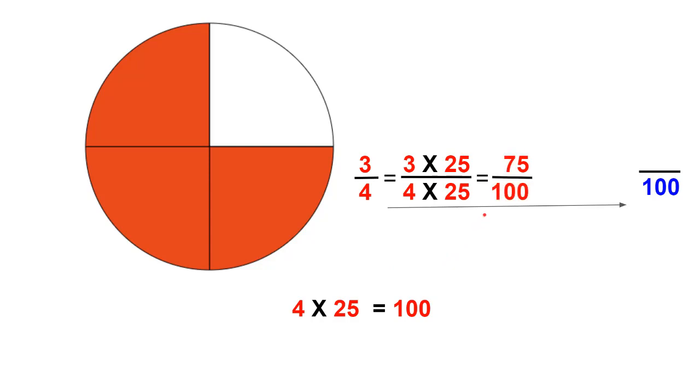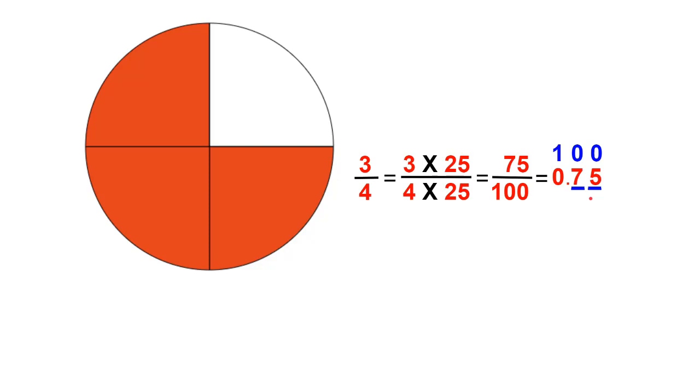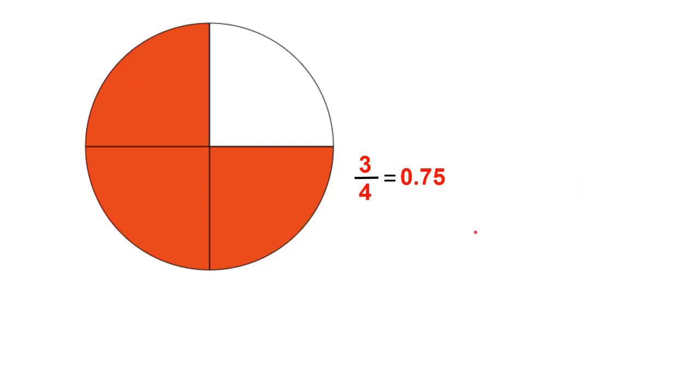And we get 75/100. Again, the 100 has 2 zeros, so we put 2 placeholders, and we place the numerator right there. And we get that 0.75 is 3/4. Fraction, decimal. Very simple.